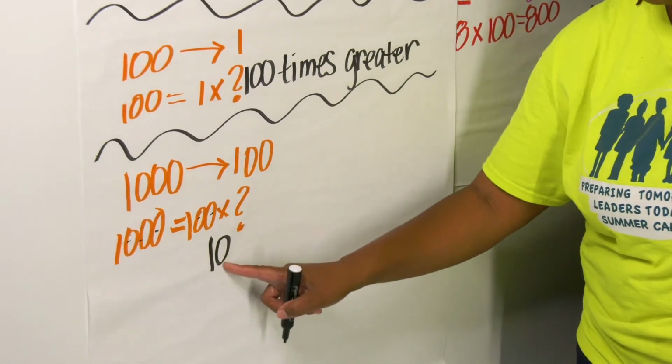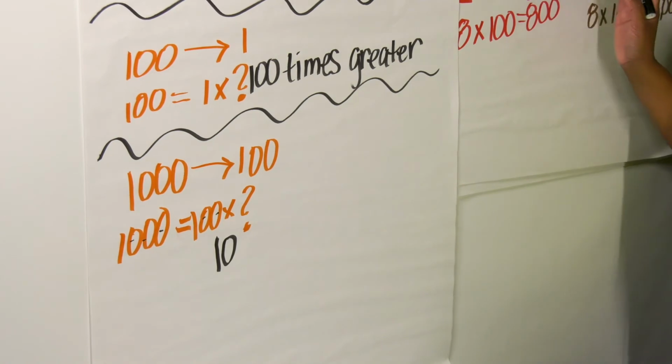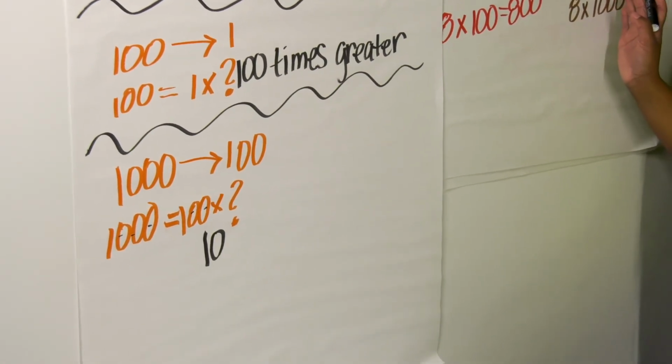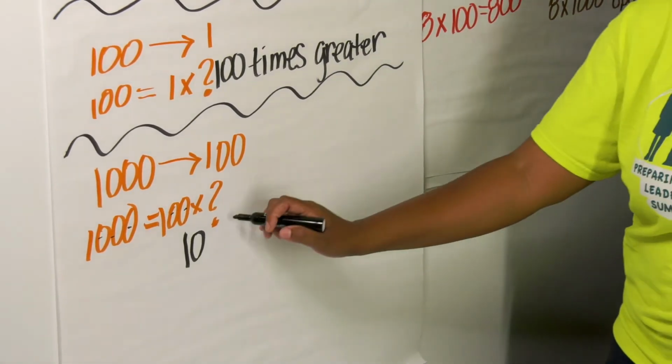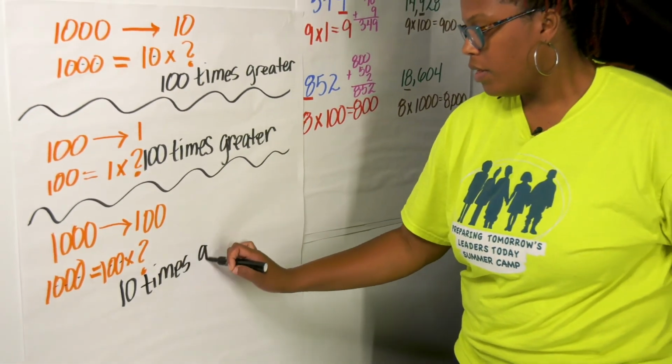So the equation is balanced. So the 8 in 18,604 is 10 times greater than the 8 in 852.